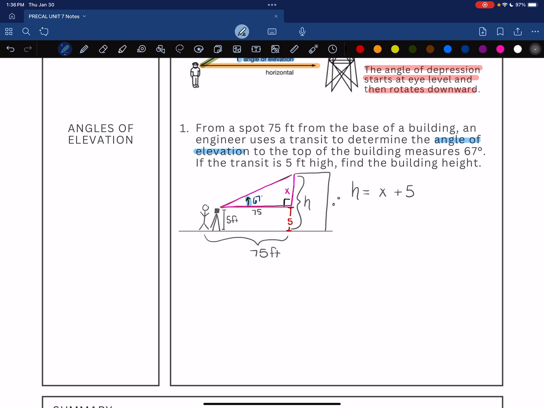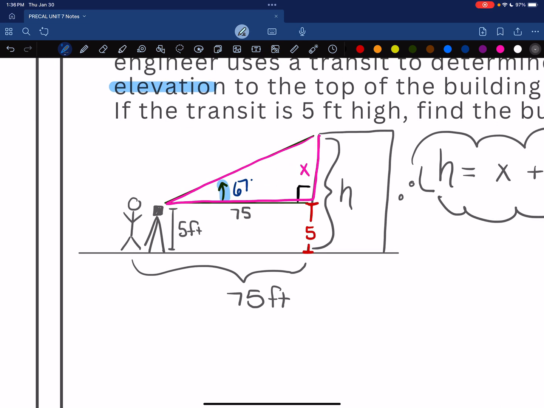So keeping that in mind, to find the height of my building, I'm going to have to find x in my right triangle and make sure that I add 5 to it. Otherwise, the building height will be inaccurate. It'll be off. So let's go ahead and look now carefully just at our triangle and think about what we can do with trigonometry to solve for that portion of our triangle.